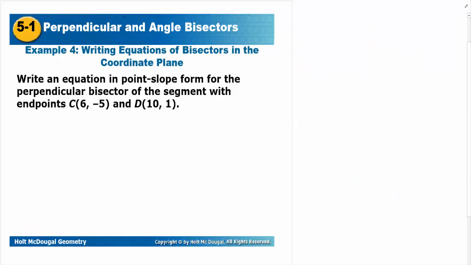Alright, now for some algebra. I really like doing some algebra here. This is one of my favorite ones, which means you may like it or hate it depending on how much you like algebra. This one says we're going to write an equation in point-slope form. For the test, they're probably going to use y minus y1 equals m times x minus x1.